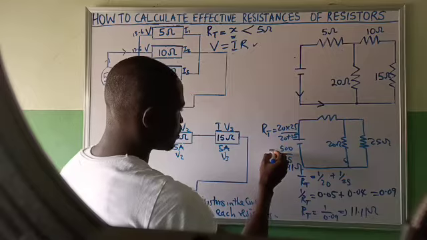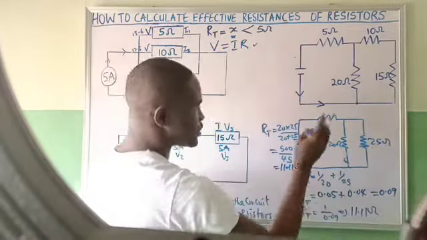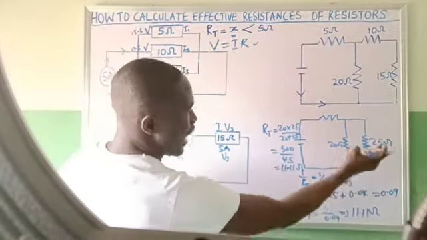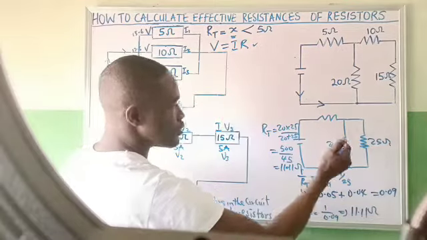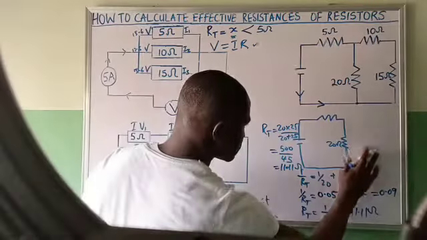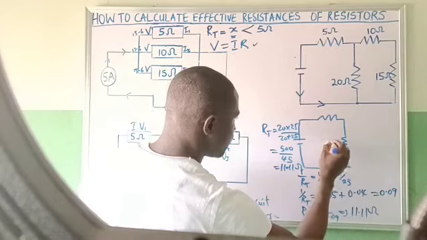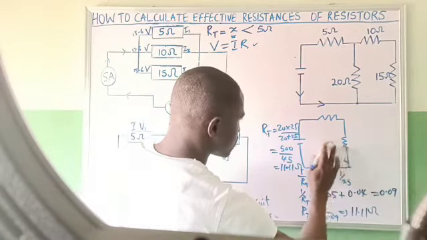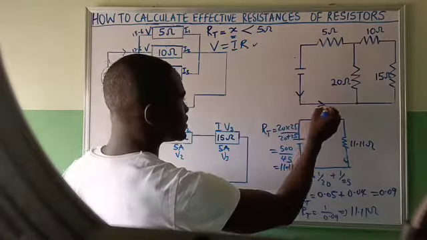That is another way you can do it if you have 2 resistors. That means these 2 resistors have been compressed into one. So I will clean this side and write here 11.11 ohms, whereas here still remain 5 ohms.